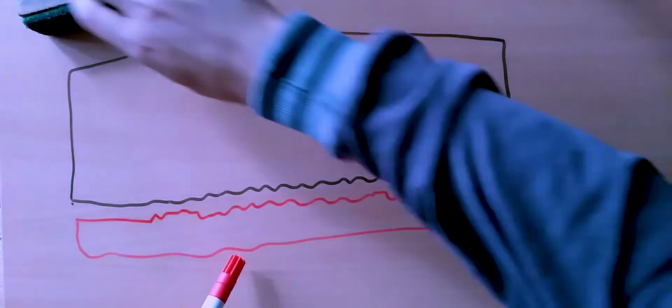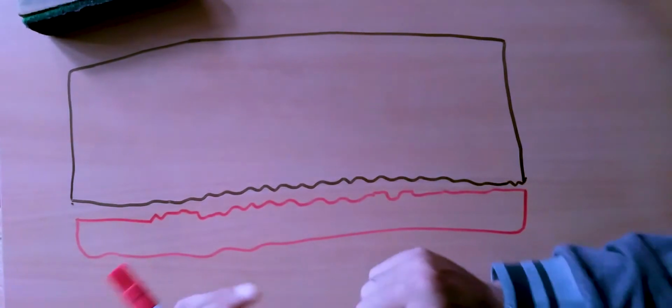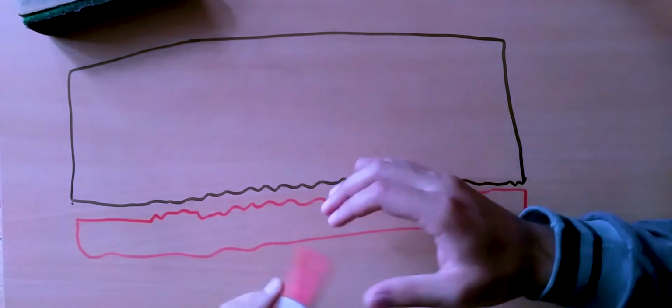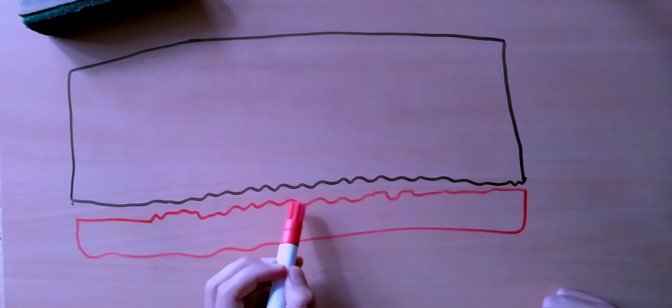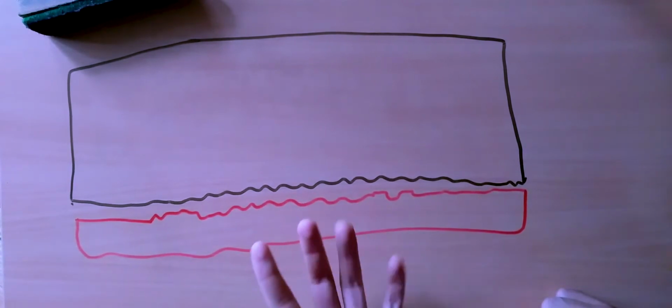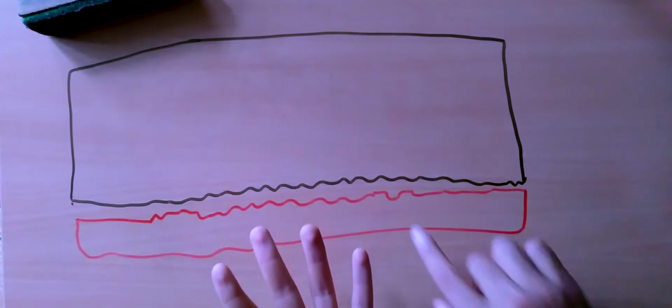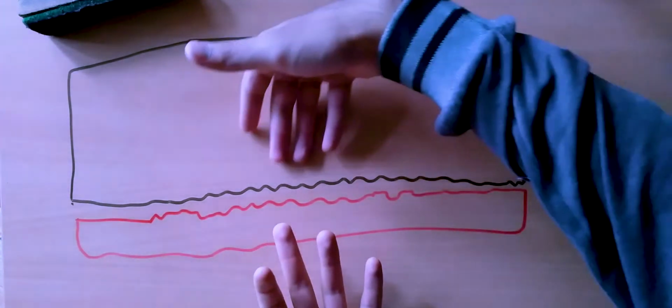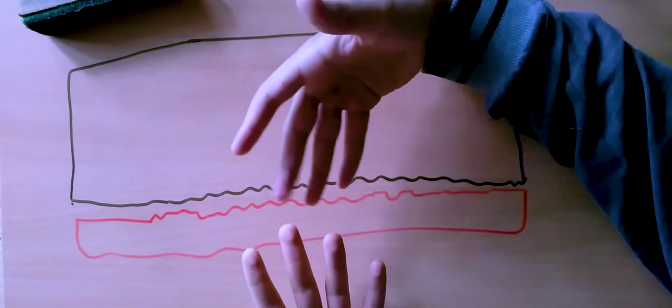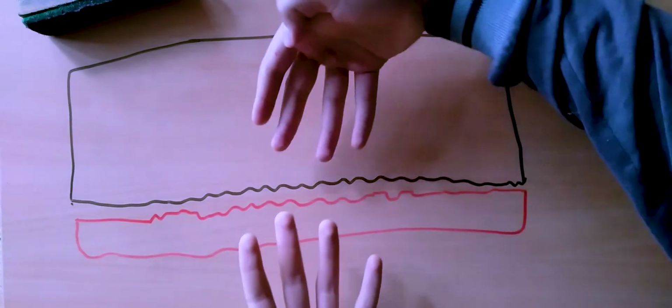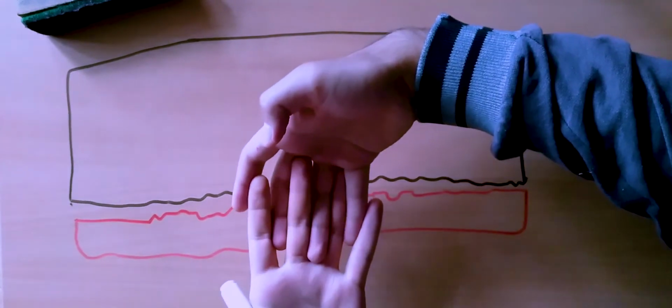Now what happens is, when these two objects come into contact, these irregularities actually interlock. There are some projections outwards, like my fingers, projecting out of the surface, and there are projections from the other object. When you place these two objects on top of each other, they interlock just like this.